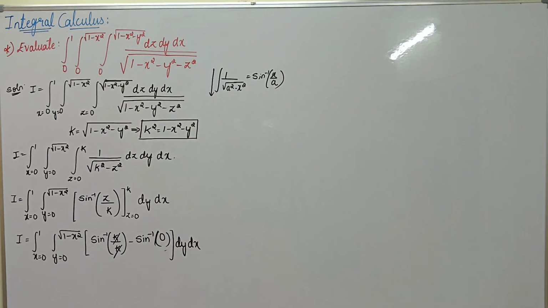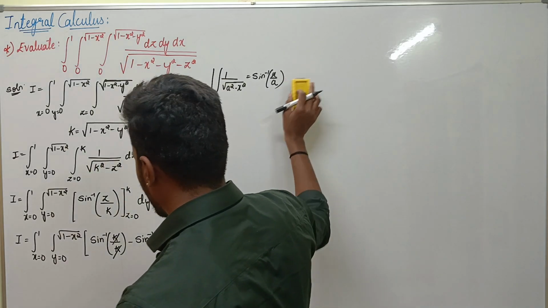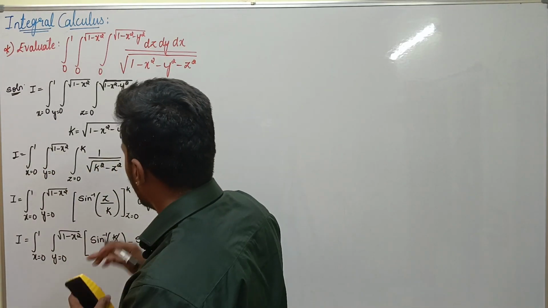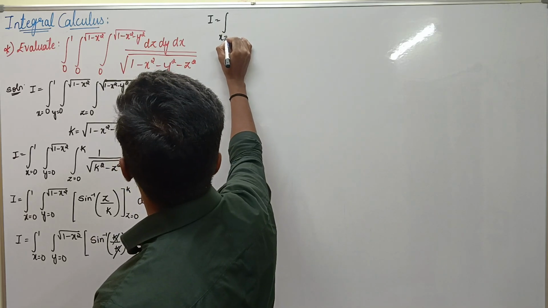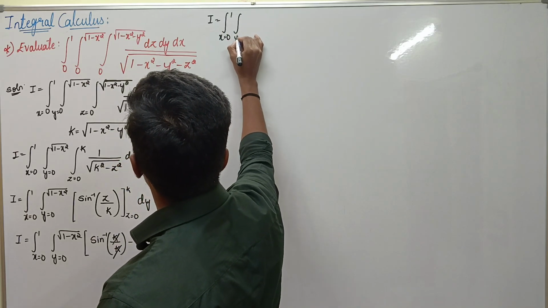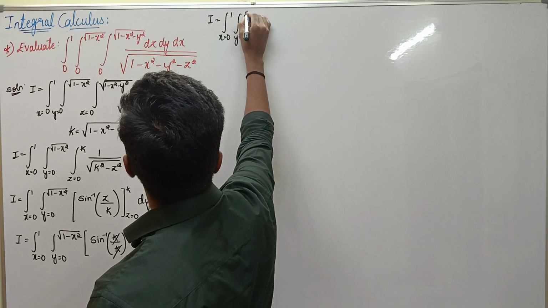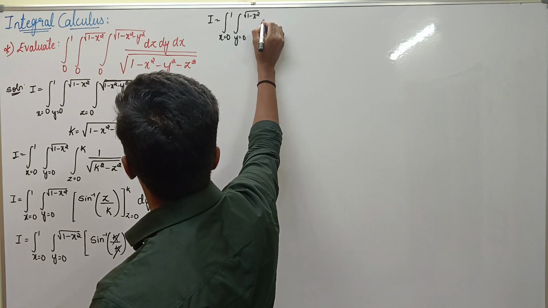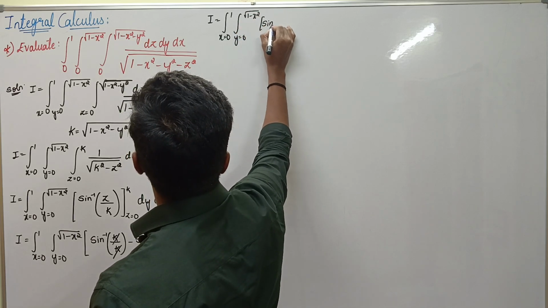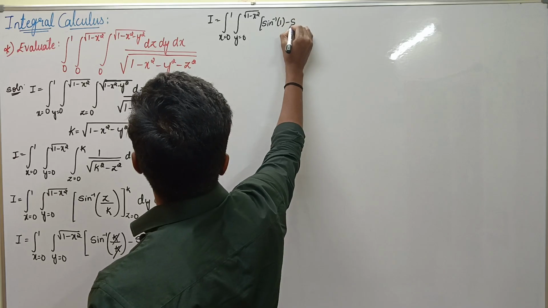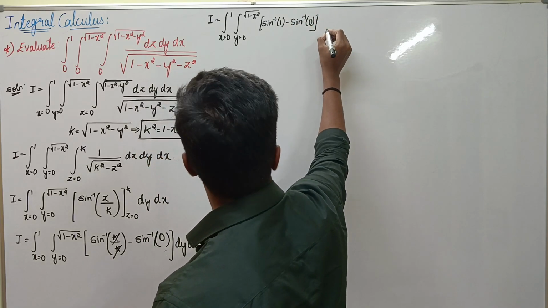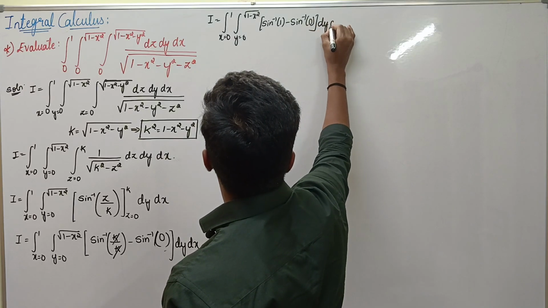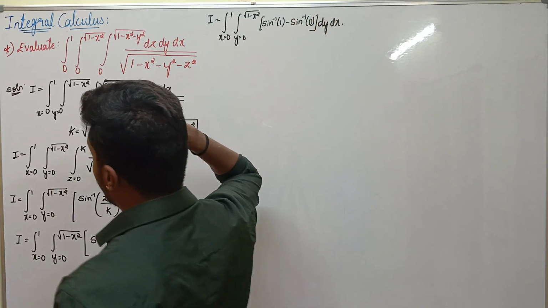I am going to erase this part. Okay, that is I, which is equal to x varies from 0 to 1 and y varies from 0 to root 1 minus x square, sine inverse of 1 minus sine inverse of 0 into dy dx. Got the point?